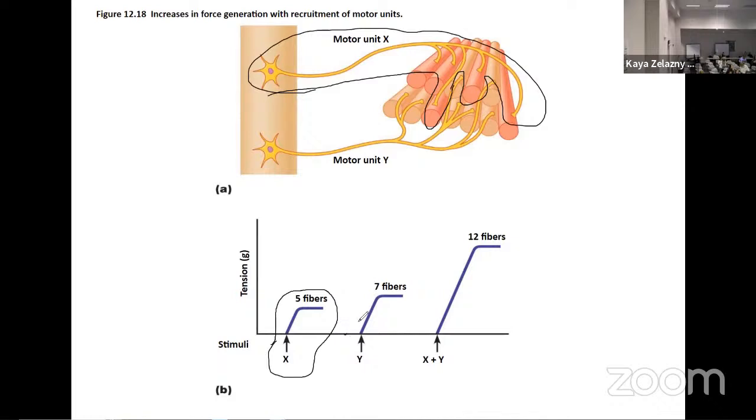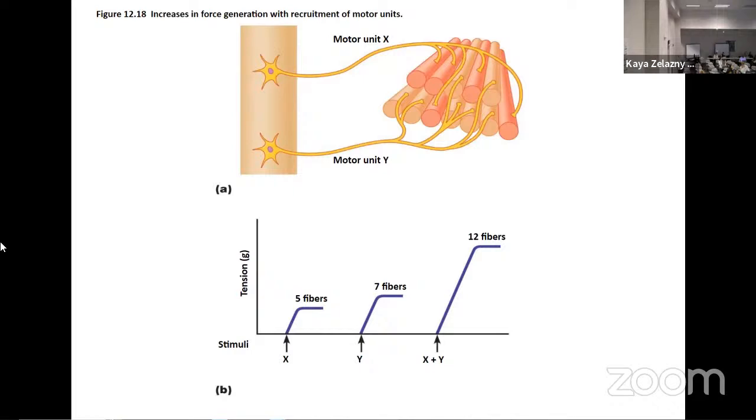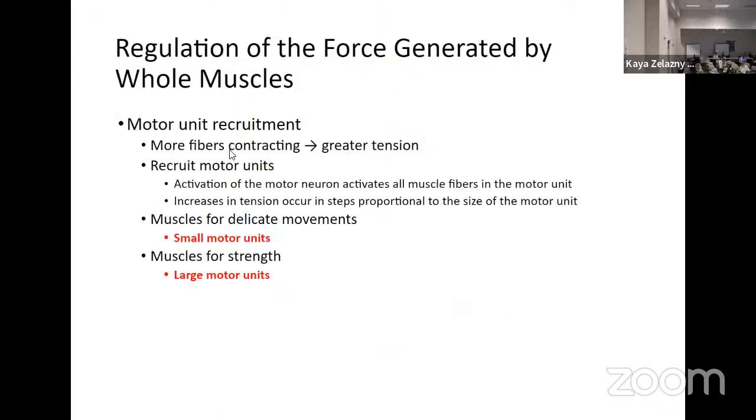If Y were to fire on its own, we'd contract 7 fibers. When we contract them together, we get all 12. The more fibers we're contracting, the more strength. So more fibers contract, greater tension.